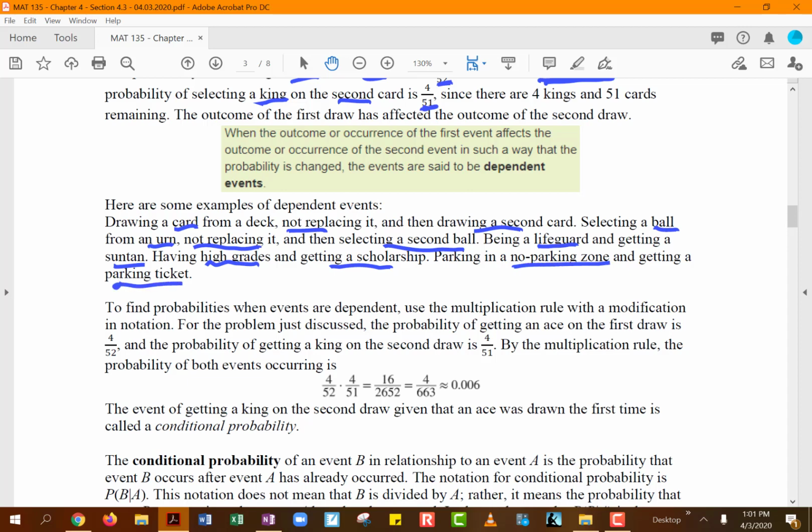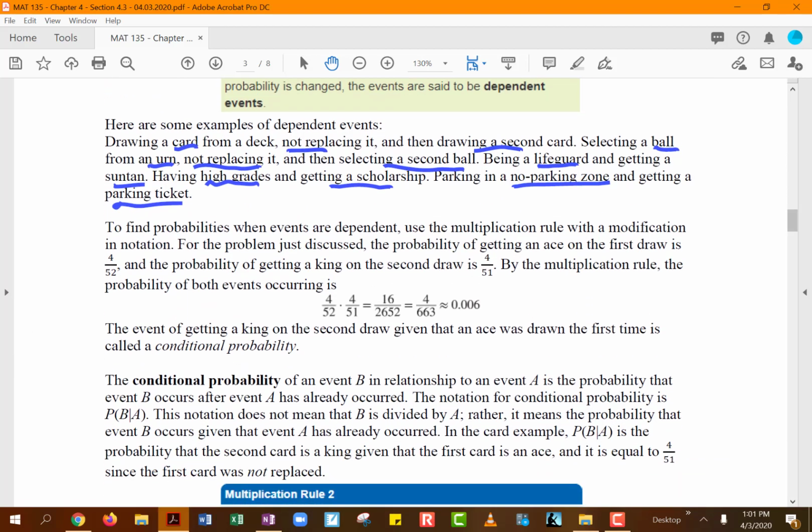That one time when you are in a rush and you're like, oh, I'm just going to be gone for 2 minutes, you end up parking in a no parking zone. More than likely, it's going to be one of those days where you end up getting a parking ticket. So parking where you're not supposed to park will lead to getting a parking ticket. Again, those would be dependent events, okay? Something to think about when you're going through your homework and your examples for these.